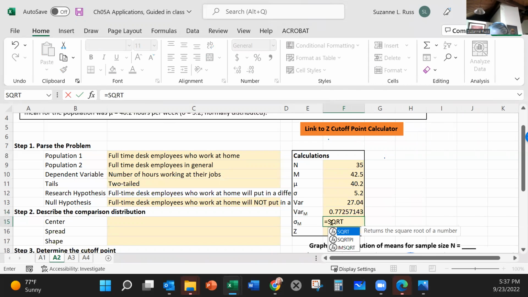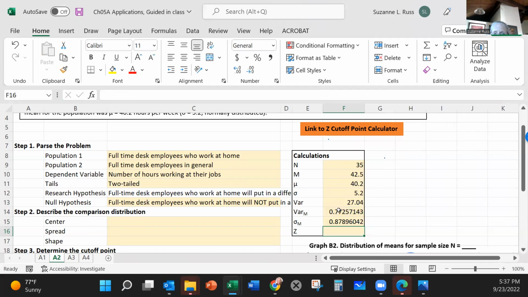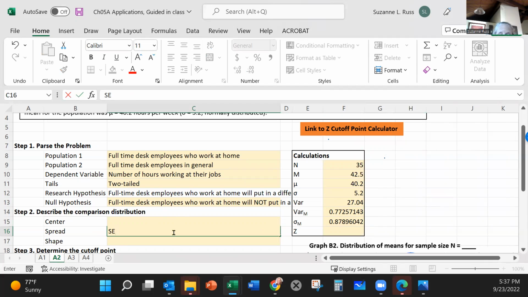So equals square root, and I'll click on the variance for the distribution of means. This number, 0.87896042, is the spread in this example. I could write this as sigma of the distribution of means. I find it easier to just write SE for standard error or SEM.